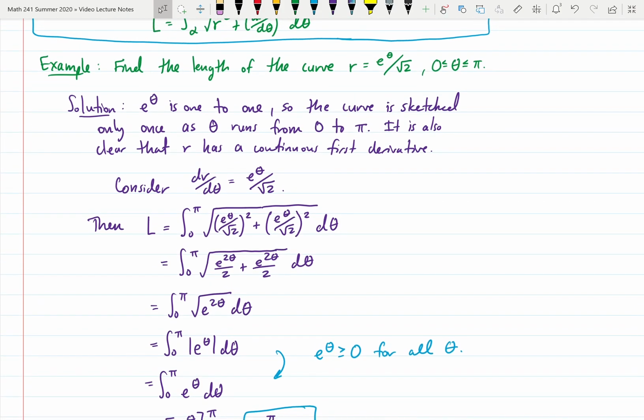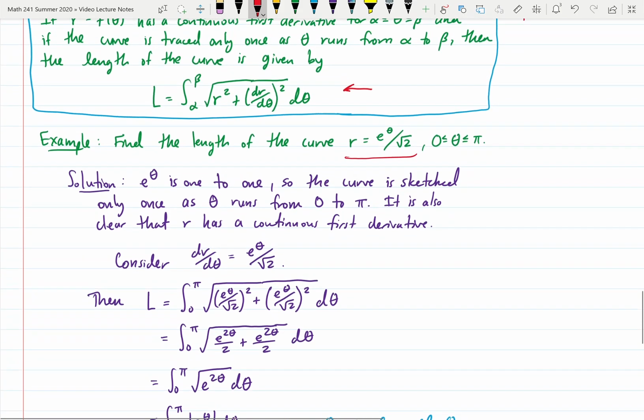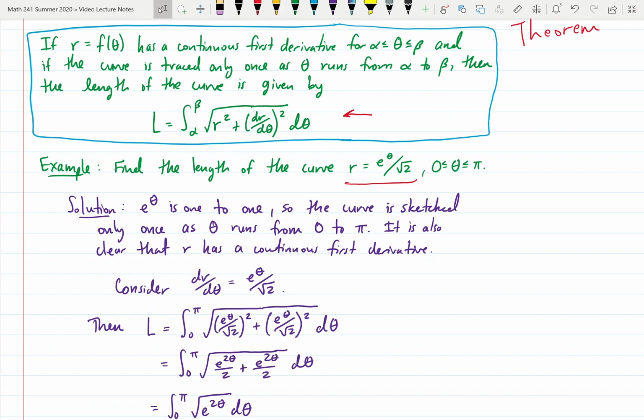We have the curve r equals e to the theta divided by the square root of 2, where theta is ranging from 0 to pi, and we want to find the length of this curve. So to use the theorem that's right above us here, we need to make sure that r equals e to the theta divided by the square root of 2 has a continuous first derivative, at least for theta between 0 and pi, and that the curve is only traced once as theta goes from 0 to pi.